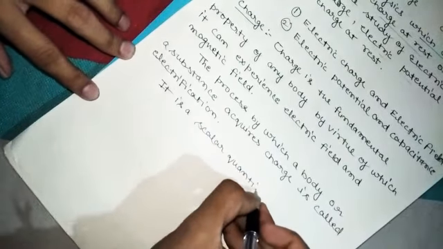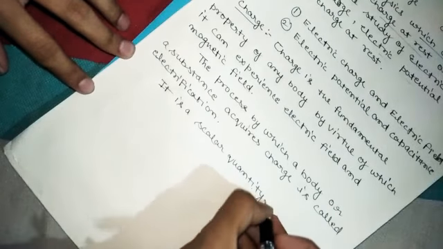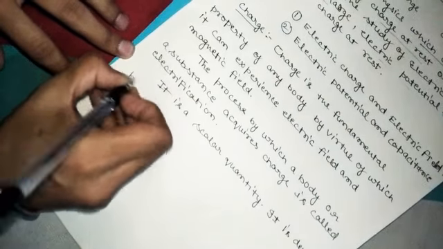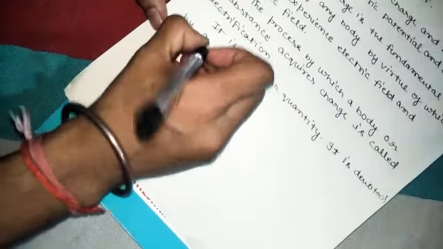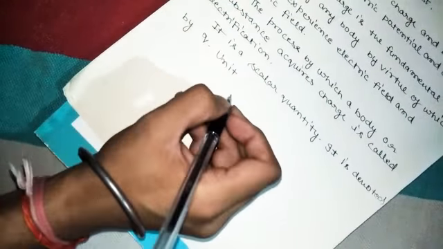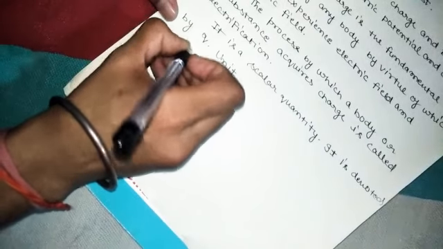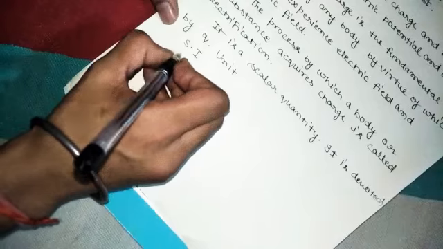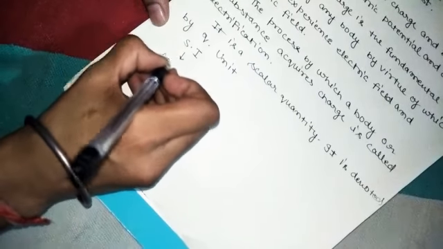It is denoted by small q, and it has many units. Let me tell you about all those units. First of all, we will learn the SI unit of charge. The SI unit of charge is coulomb.